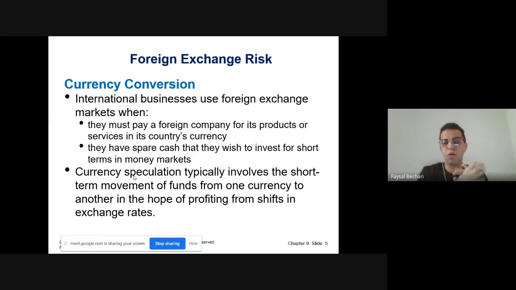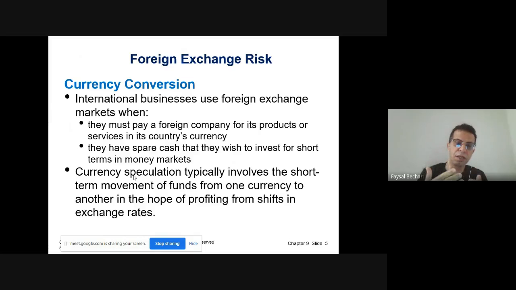There is currency speculation, which typically involves the short-term movement of funds from one currency to another in the hope of profiting from a shift in the exchange rate.